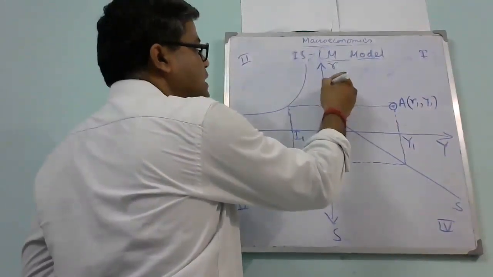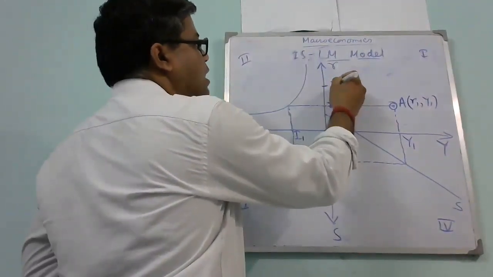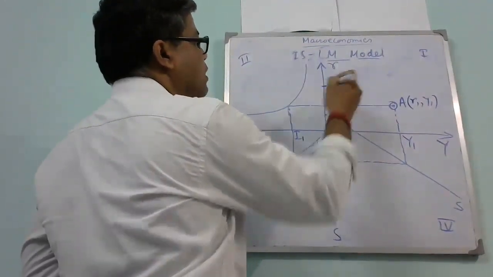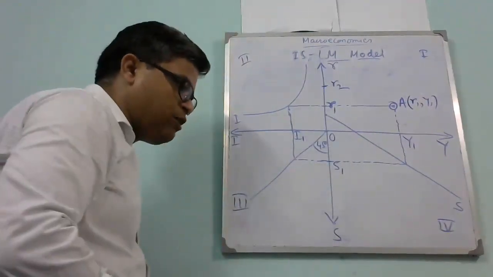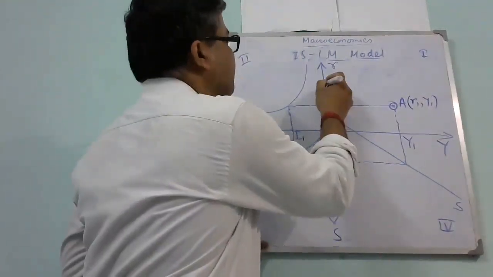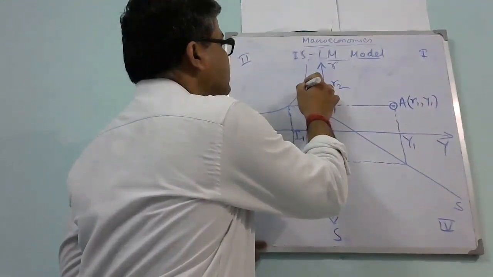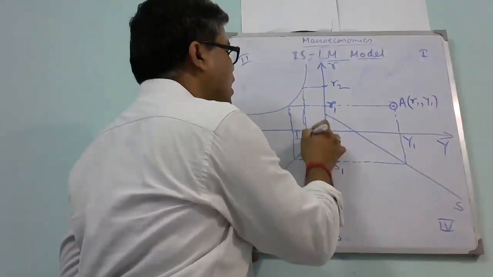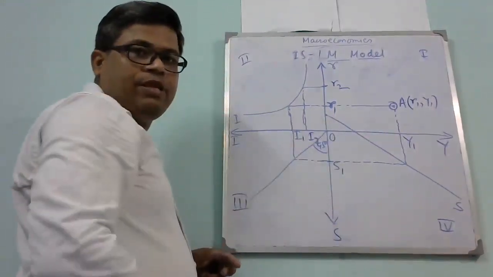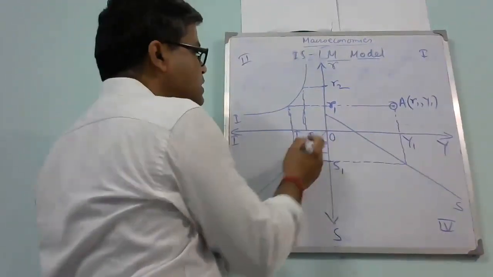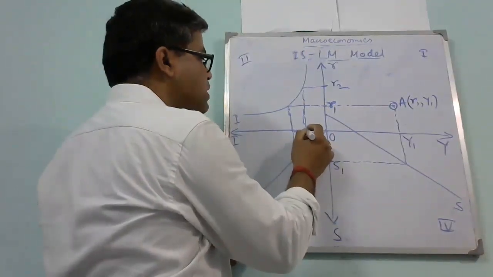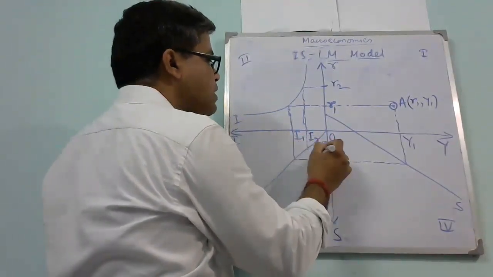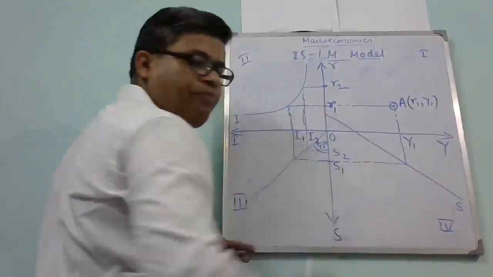Now let's take another case. Suppose the rate of interest increases in the market, let's say R2. Then what will happen? For this rate of interest, similarly the investment will be I2. For OI2 amount of investment, how much saving is required? S2.